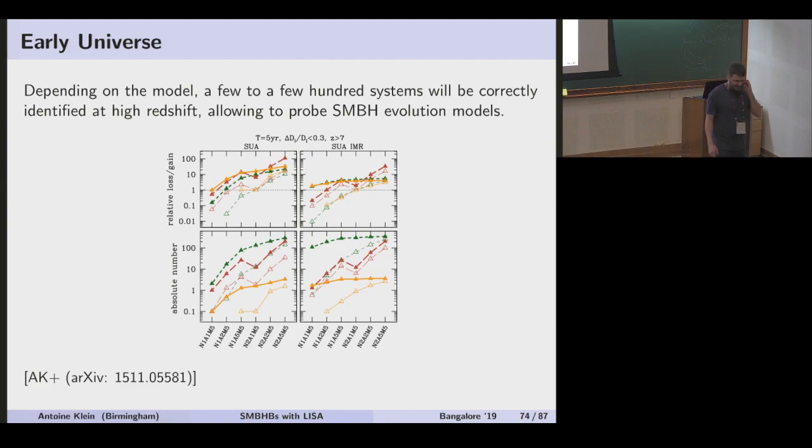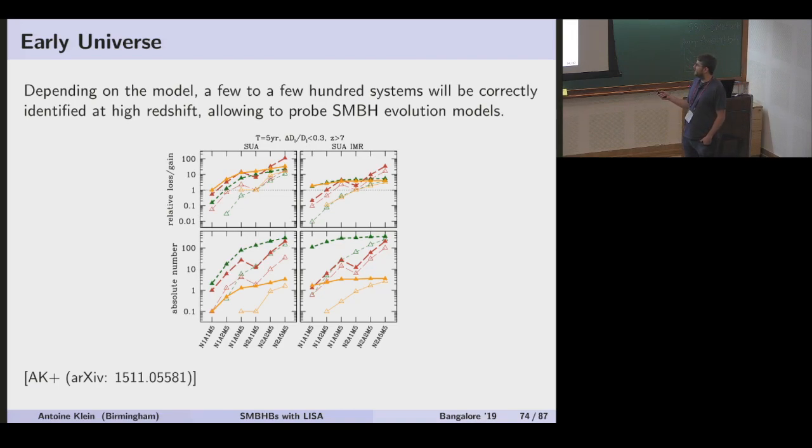Can we confidently detect a merger in the early universe and tell that it's in the early universe? So here is how many systems we detected at redshift higher than 7 with better than 30% precision on the distance. And here we have a lot of measurements in the heavy seeds case, because we basically detect everything, and most of the mergers happen quite early.